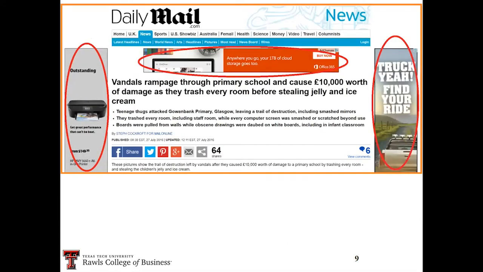So just to give you a little bit of background on how these news companies make money, they make money off of the digital ads, typically the digital ads that are placed on the sides or in the news feed of the news article. And I'm sure you've all seen one of those ads.